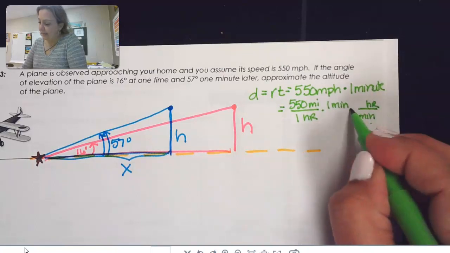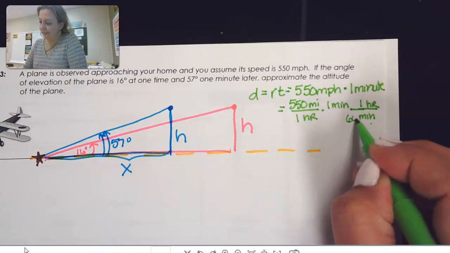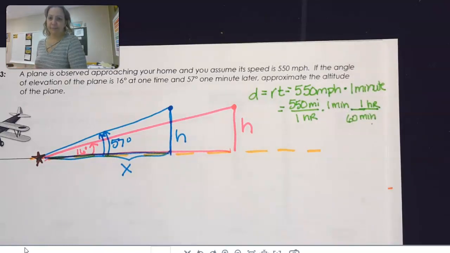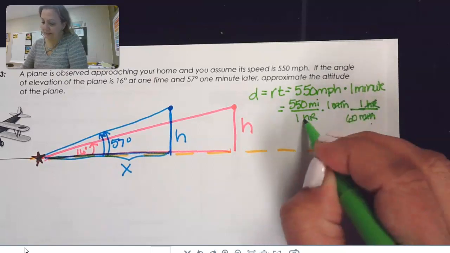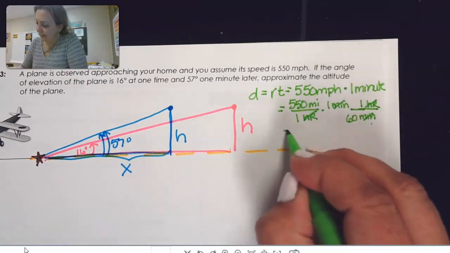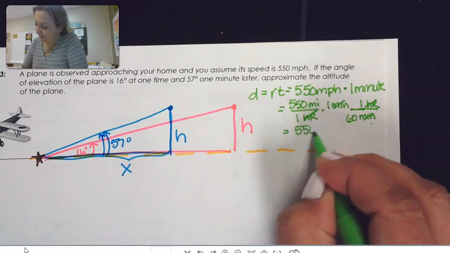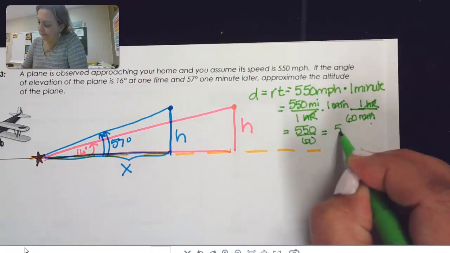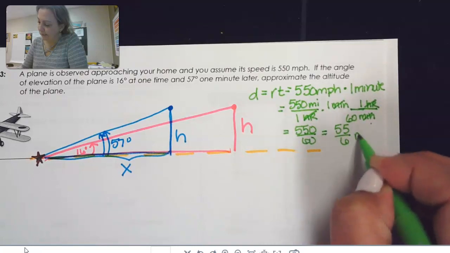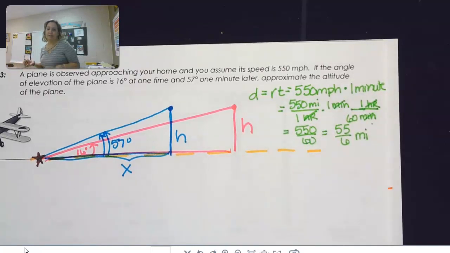And again, it's 1 hour in 60 minutes. So then I can cancel the minutes, cancel the hours, and I get that this is 550 over 60, which is 55 over 6 miles.